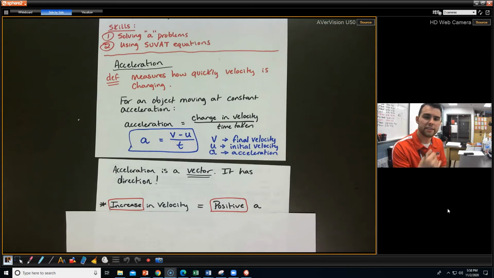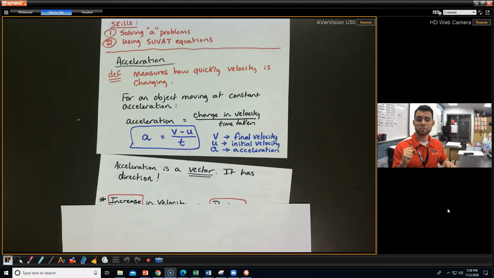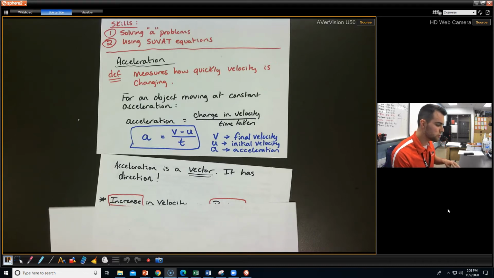That's kind of weird, but let's think about that for a second. If I'm driving in my car going 30 miles per hour and I start hitting the brakes to decelerate, I'm not instantly going negative velocity. I'm not at a negative speed, even though speed can't be negative. I'm just slowing down. So my velocity is still positive, but my acceleration is negative, which is causing it to decelerate.